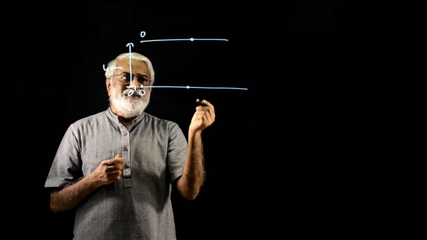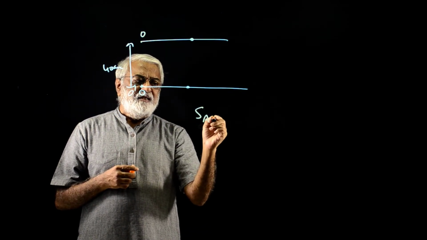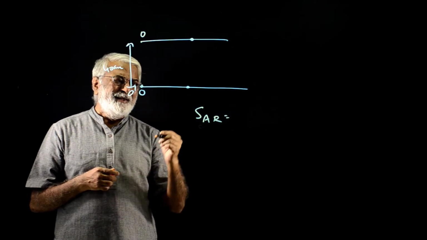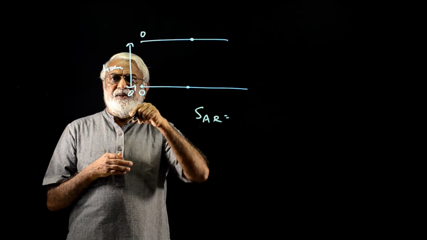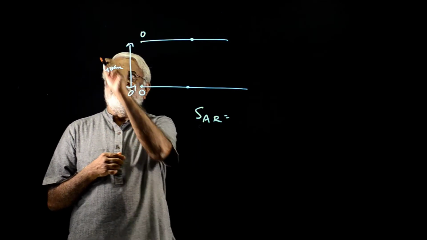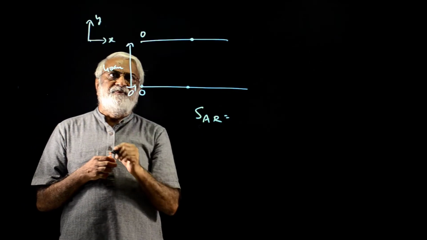So what is the displacement of the ant? Well, relative to the rod, this is 30 centimeters east. So we need an x-axis and a y-axis now. Let's orient the y-axis vertically up. This is our y-axis and this is our x-axis.